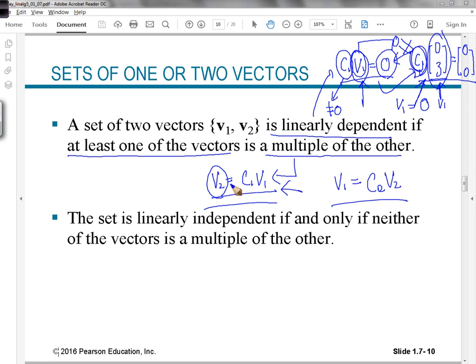Which means, we learned that among the many vectors in our set, some of them can be represented as a linear combination of the others, but it's not always the case.